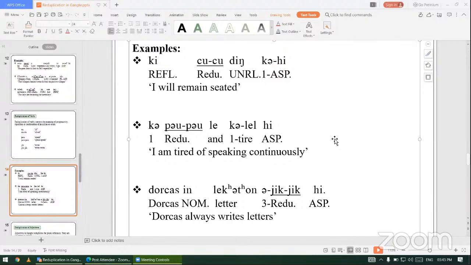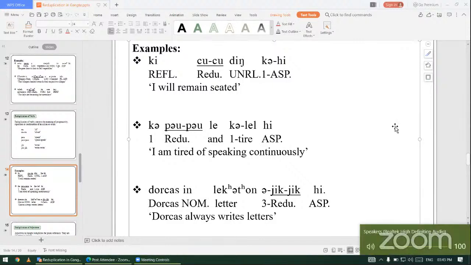Okay, that's a good point. So in that same sentence, can ke come in? Ke meaning I, then ke ki chu chu ding kahi. No, I don't think so, ma'am. Can I come in? Yes, Bao Thang. So here, the pronominal marker ka cannot occur, but the full pronoun kei can occur.